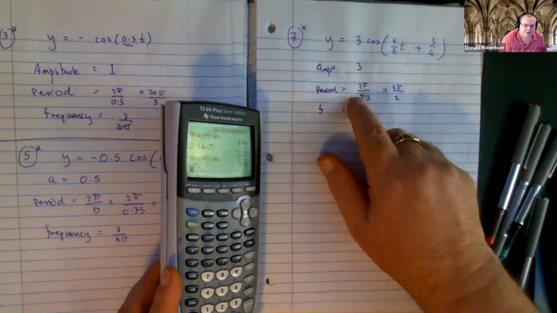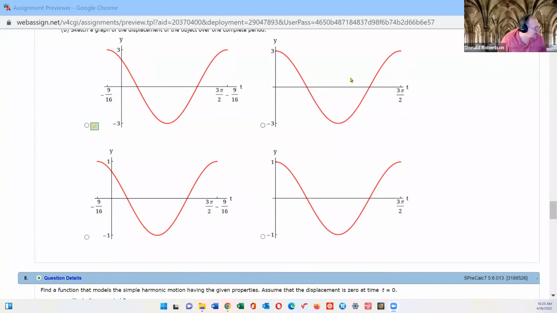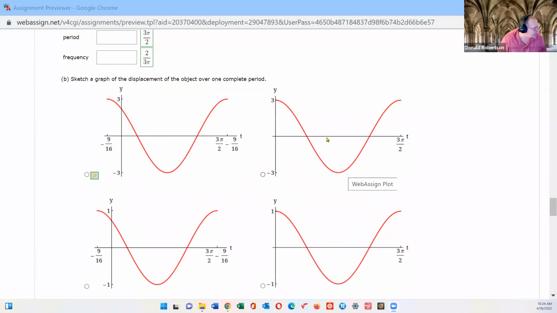Okay, so I'm going to take this guy and we're going to do a Desmos sketch on it. And I am looking at the pictures that I've got to choose from. And there's 2 different scales going on. So let me find Desmos. Desmos left the building.